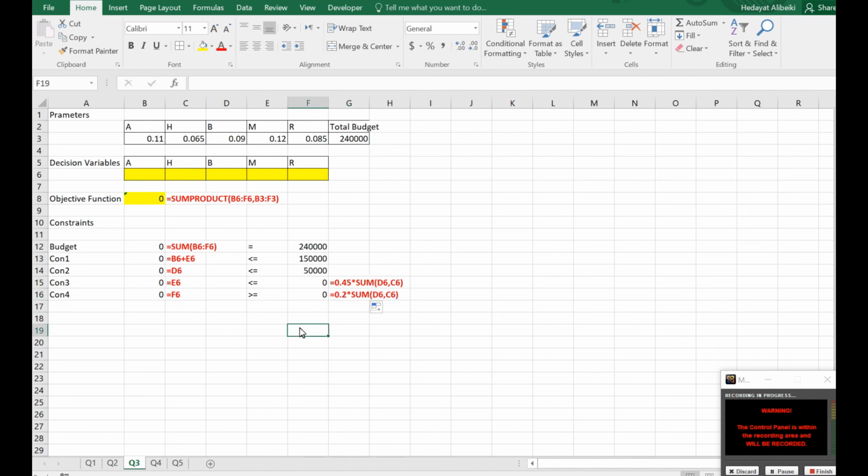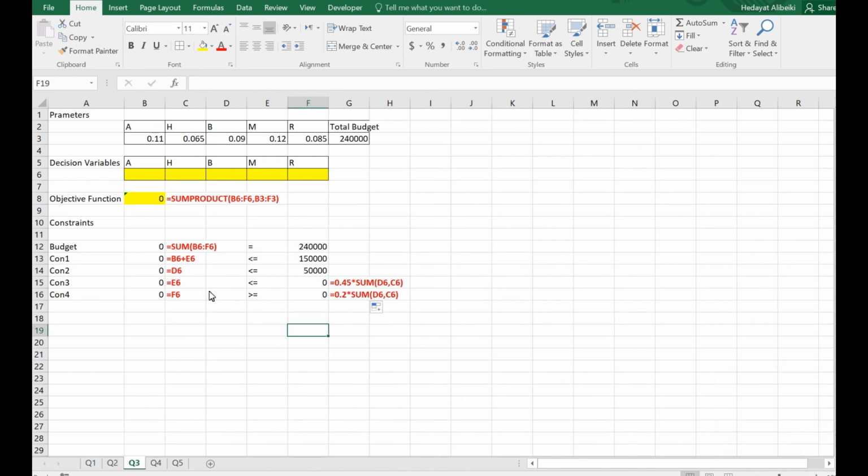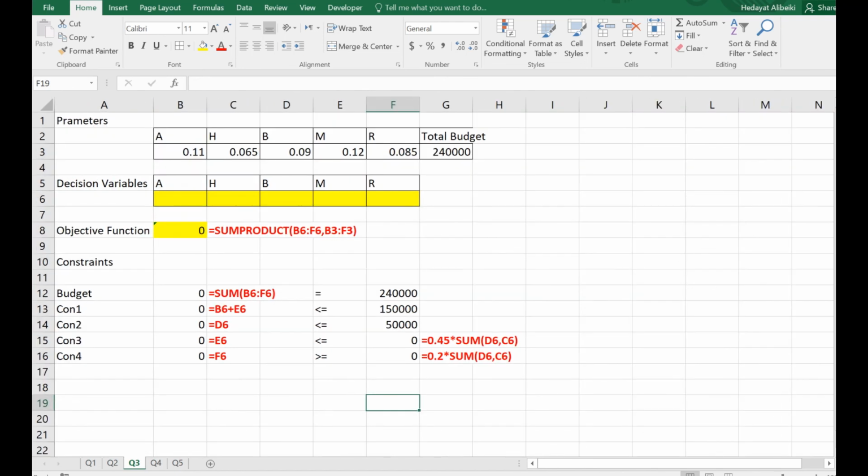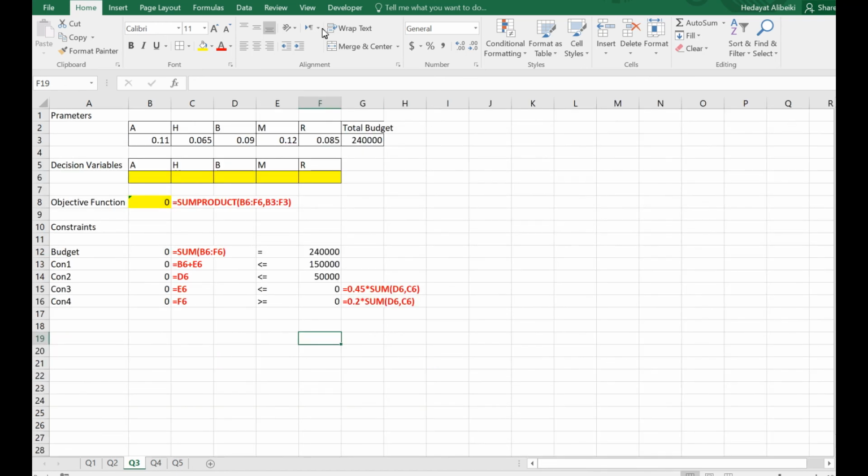So we don't have any integer constraints. They can be any numbers from 0 to 240,000. So any decimal number is fine. So I don't need to add binary or integer constraints, but let me go ahead and solve it.